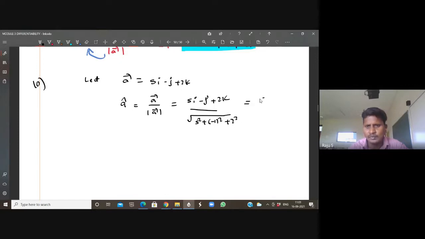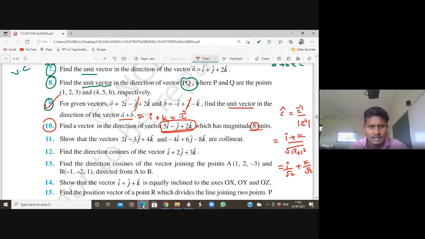So this is equal to 5i minus j plus 2k all divided by root over 25 plus 1, sorry, 25 plus 1 is 26, plus 4, totally 30. Root 30 we got.